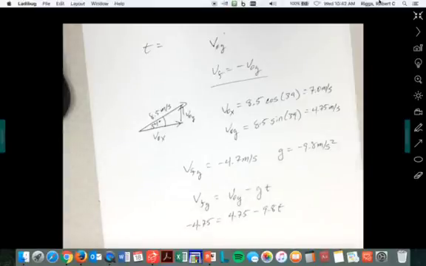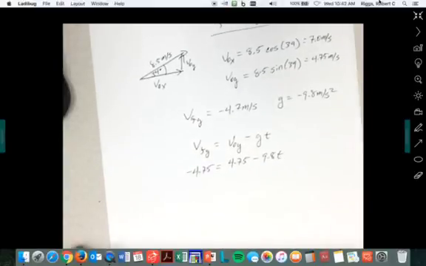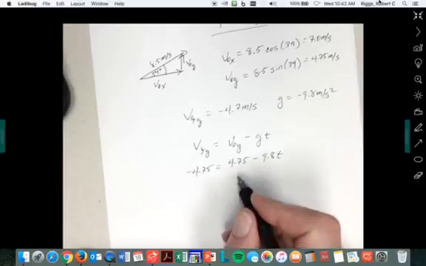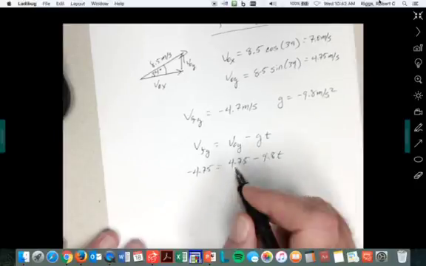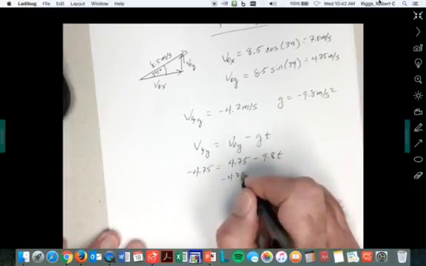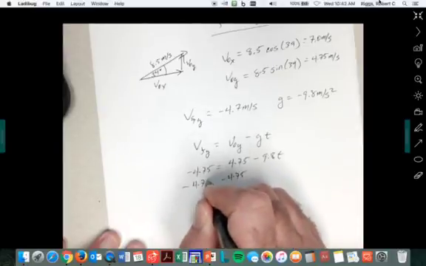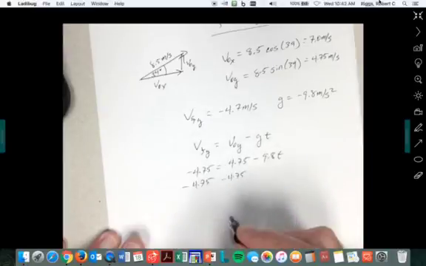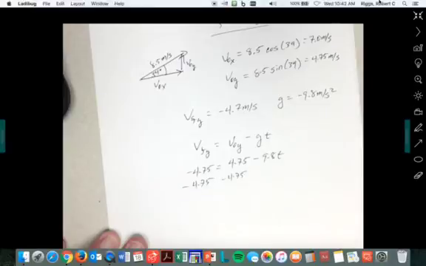I've got a nice little seventh grade algebra problem to solve here. I love it. So I subtract 4.75 from both sides. Look what I get here.